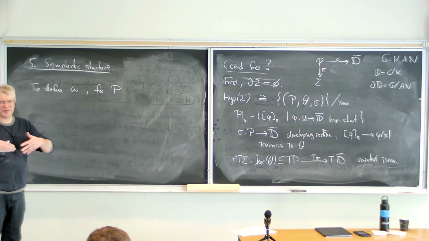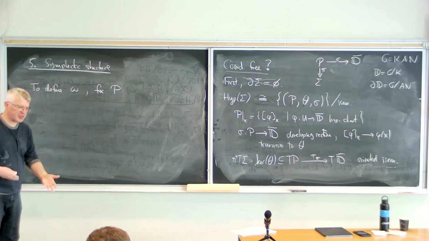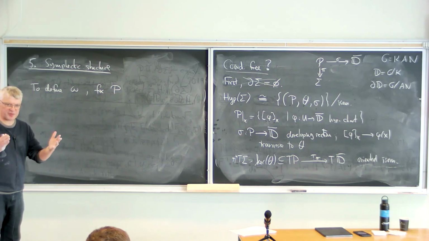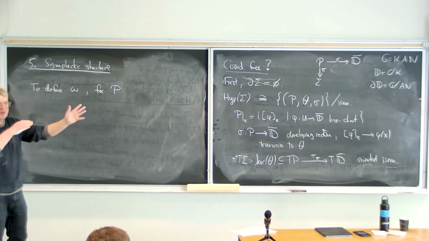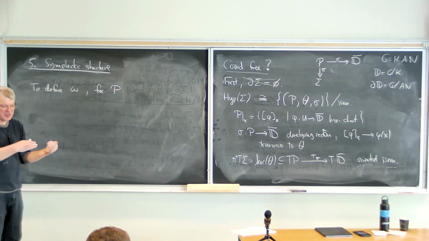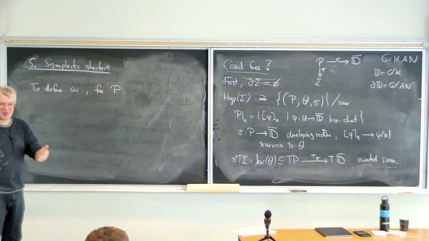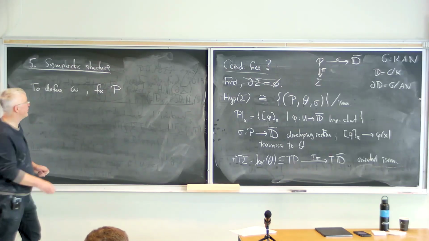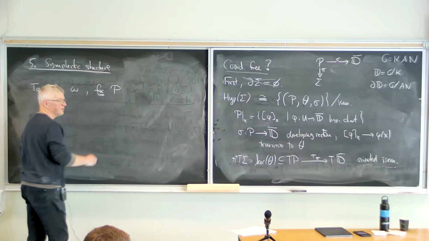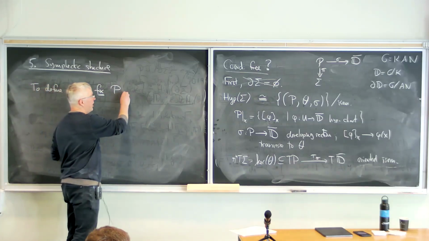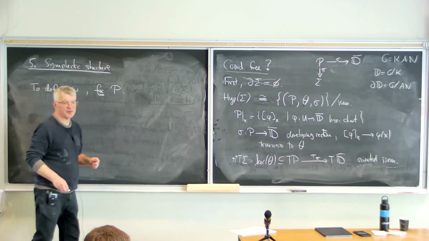We want flat connections up to gauge transformations, but on some fixed principal bundle. In the story before, for each hyperbolic structure, we get a different principal bundle, right? So we want to work with one fixed one and then flat connections on that one. So we have to fix P and consider flat connections on that.